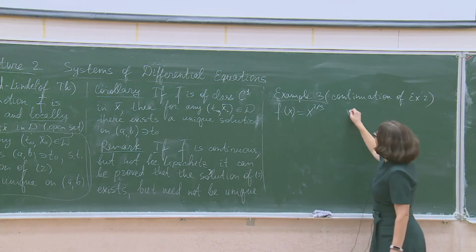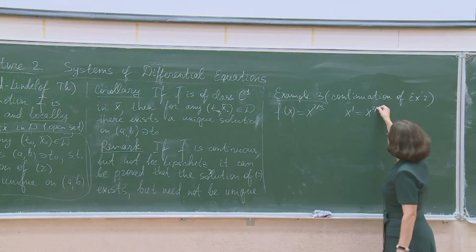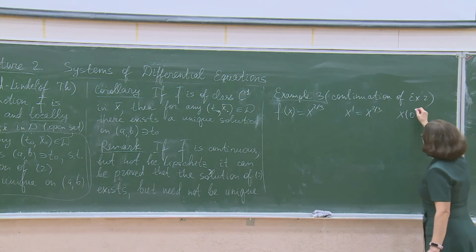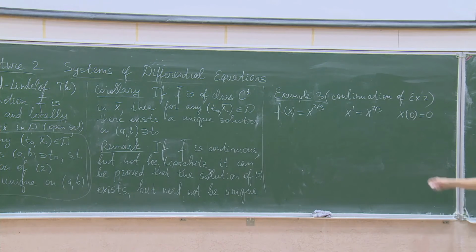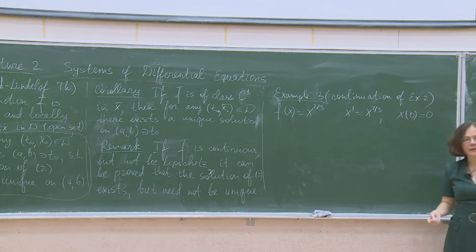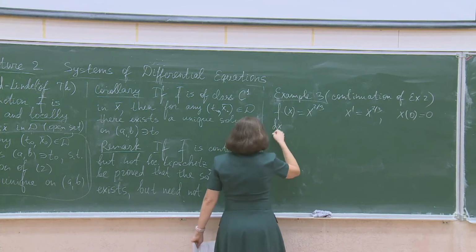Let's try to solve the equation x prime equals x to the 2/3, with the initial value problem x of 0 equals 0. It can be solved directly. The variables are separated.